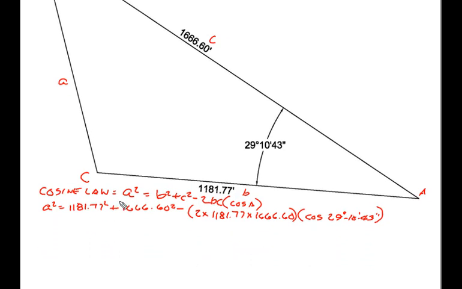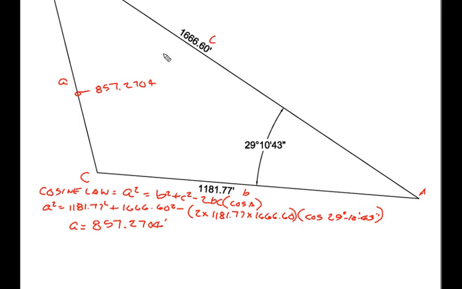So from that, we can find out that A is equal to 857.2704 feet. So this distance here is going to be 857.2704.